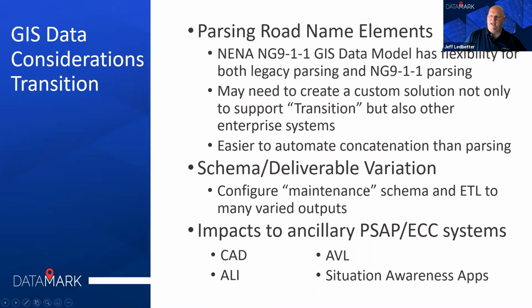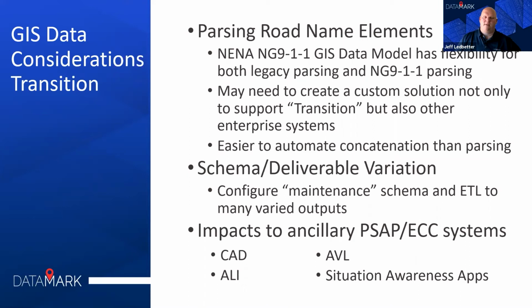And this idea of schema or deliverable variation doesn't only apply to road centerlines, right? Or address points. You may want to use your PSAP boundary for some other system as well.